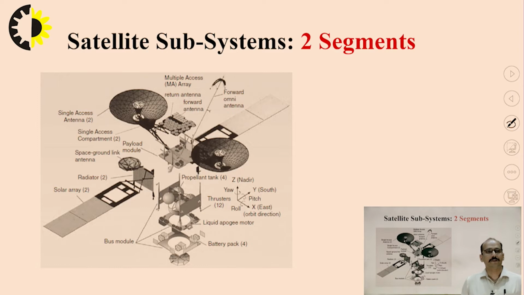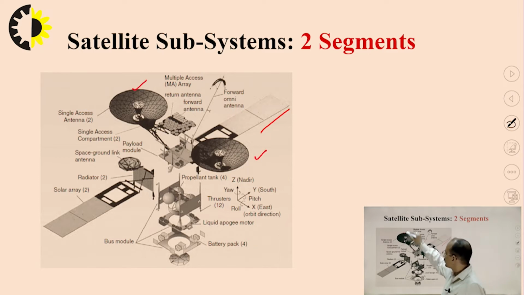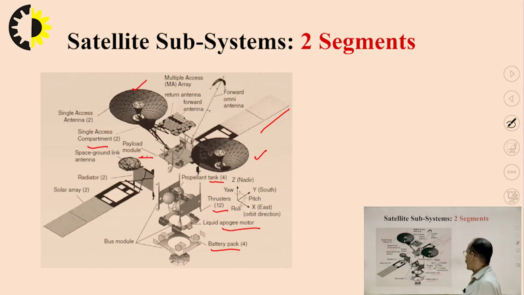This is the picture of a satellite, and if you can identify, a basic satellite has various components, various blocks, various devices such as these solar panels, these antennas, the propellant tank, the battery packs, the compartment for the single access, then the payload module, thrusters, liquid apogee motor.